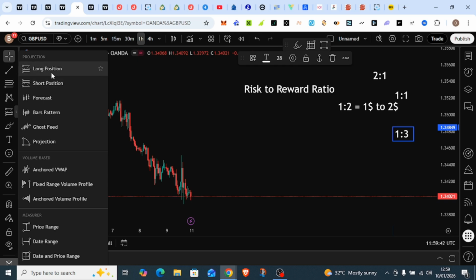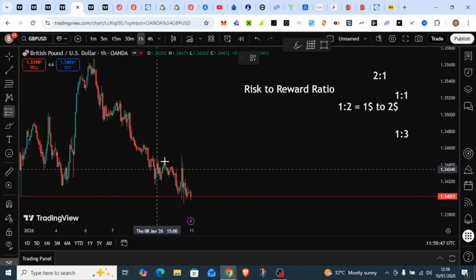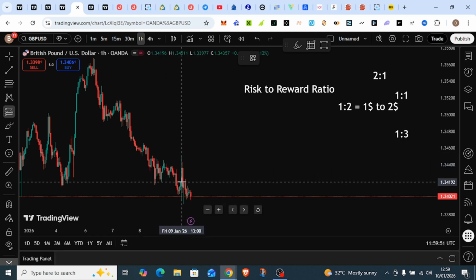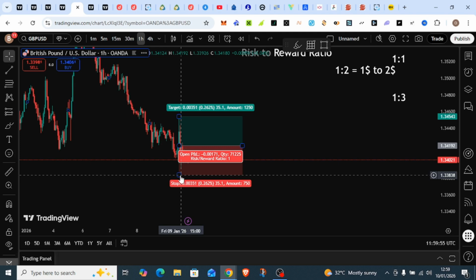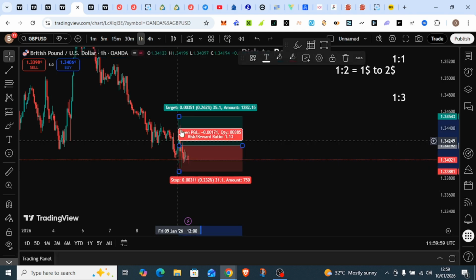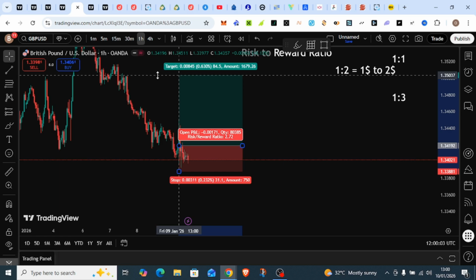Let's try long first. Assuming we want to long GBP USD from this point, this is an imaginary point, and we place our stop loss here and target this other point here as our take profit.